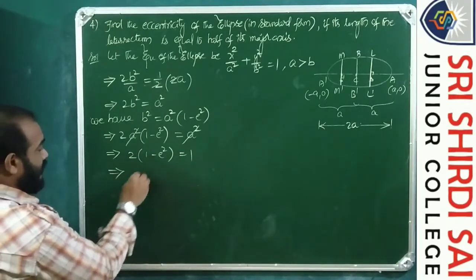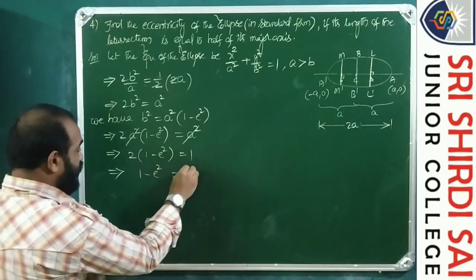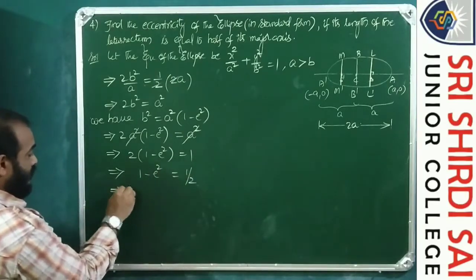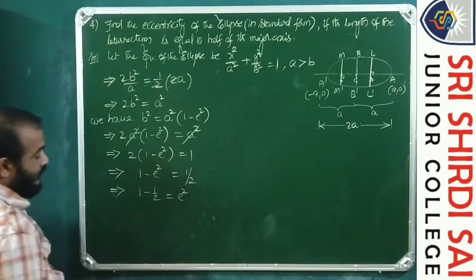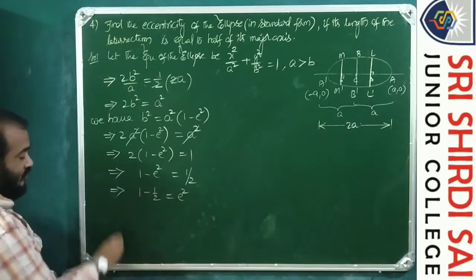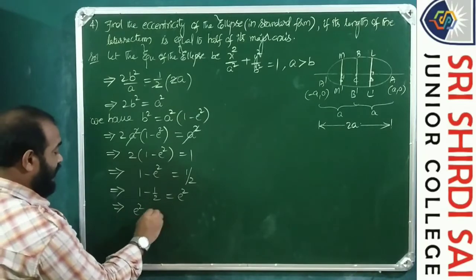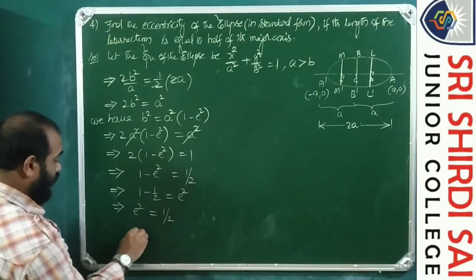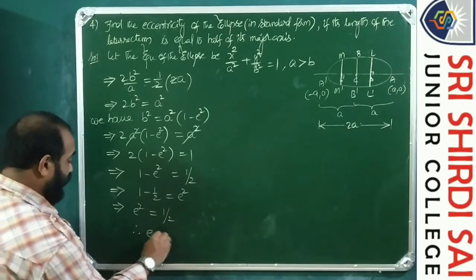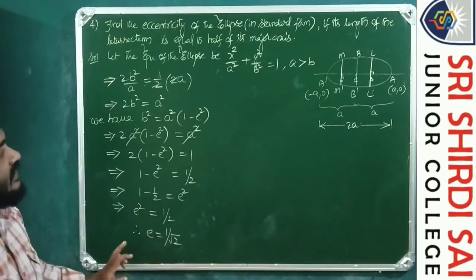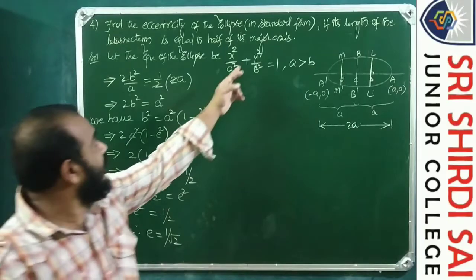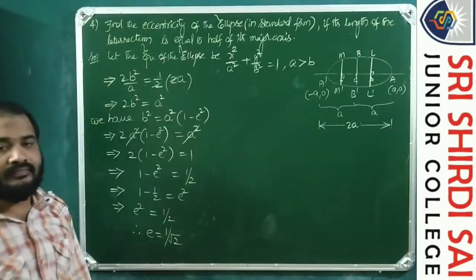So 1 minus E square equals 1 by 2. So 1 minus 1 by 2 is equal to E square. 2 ones are 2, 2 minus 1, 1. So E square is equal to 1 by 2. Therefore, E is equal to 1 by root 2. So this is the eccentricity that he is asking.